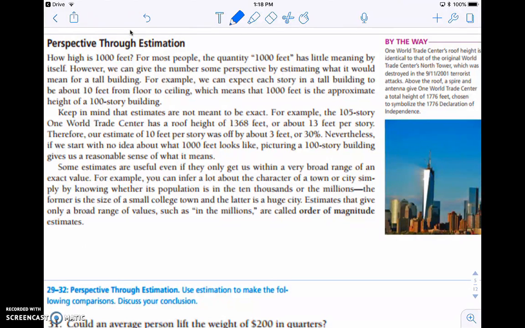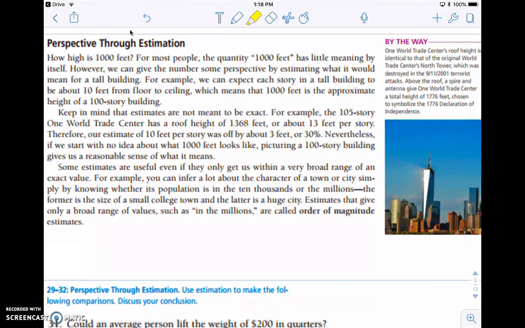So in this case, we've got, how high is 1,000 feet? Because for a lot of people, this quantity of 1,000 feet doesn't have a whole lot of meaning. And so we can give the number some perspective by estimating what it would be for a tall building.